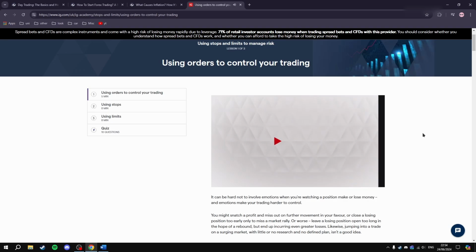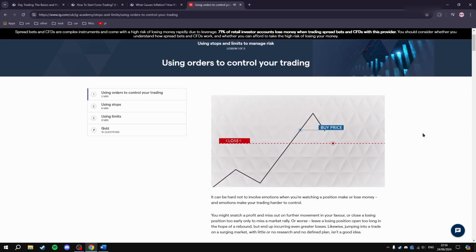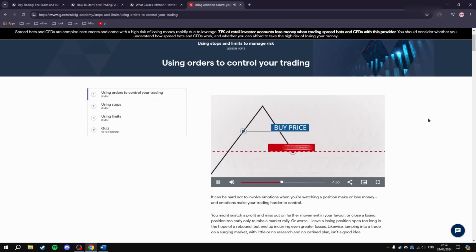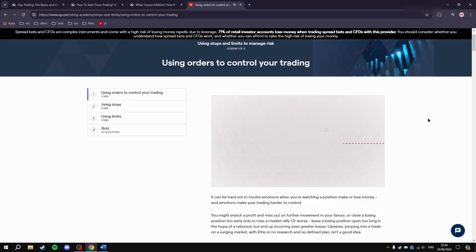One way to ensure your stop is executed exactly where you specified is by placing a guaranteed stop-loss order. This works in the same way as a standard stop, except it'll always be filled at exactly the level you set, no matter whether gapping or slippage occurs. A fee is payable if your guaranteed stop is triggered.